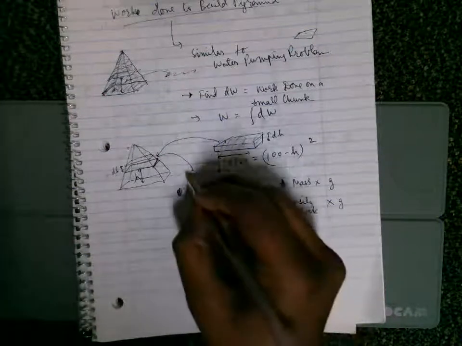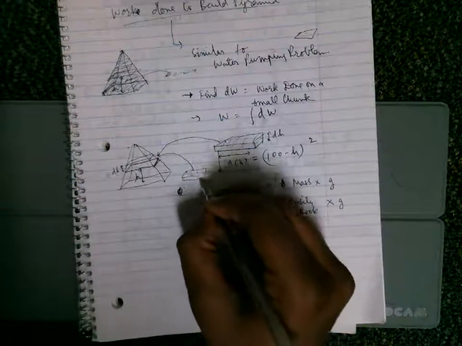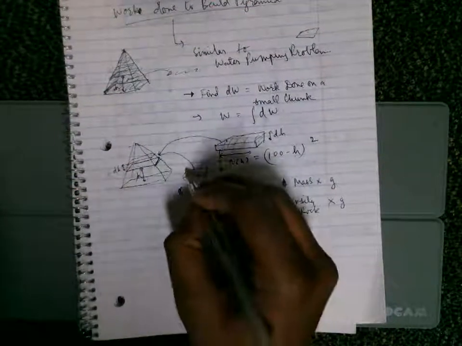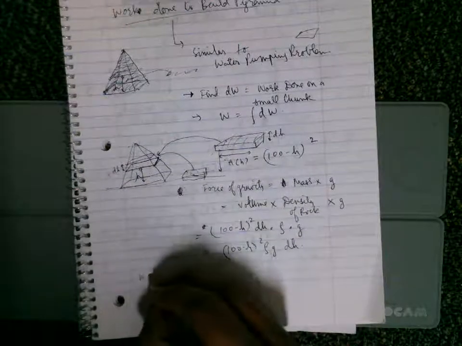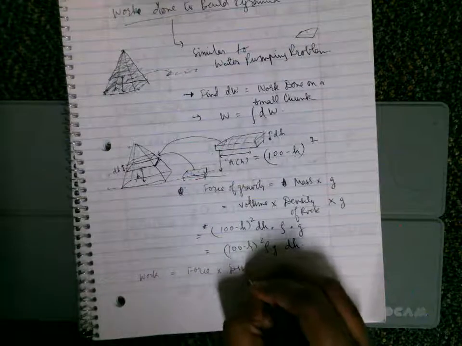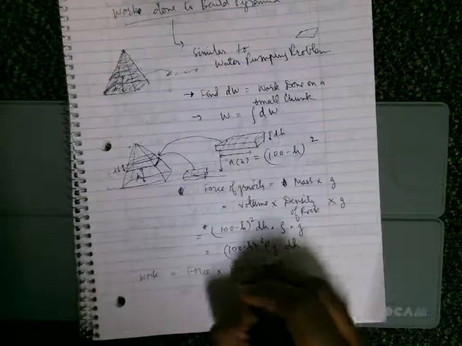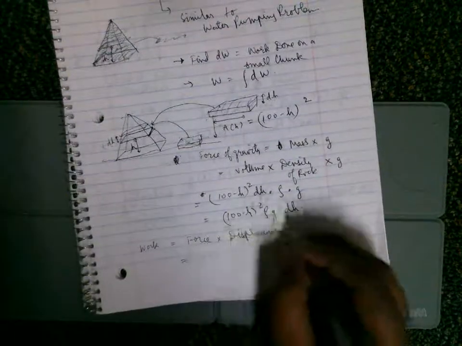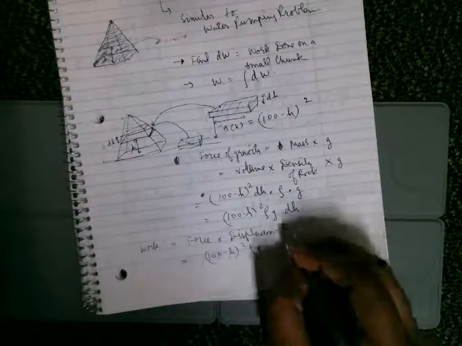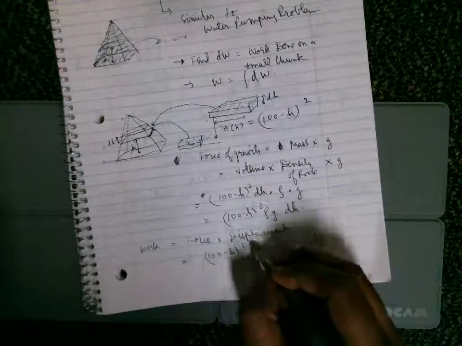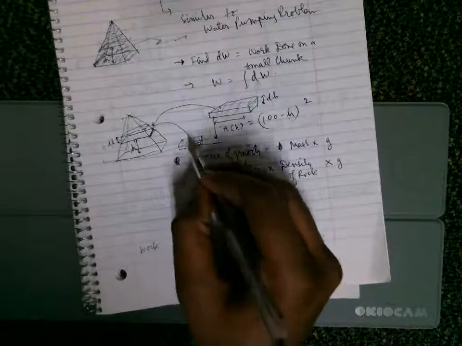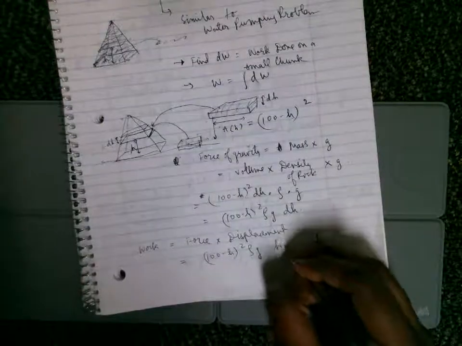And now you have to place this rock from the ground to a height h. Then the work done is force into displacement. The force is (100 minus h) whole squared rho g dh, and the displacement is the height h, right? You're going from ground to a height h.